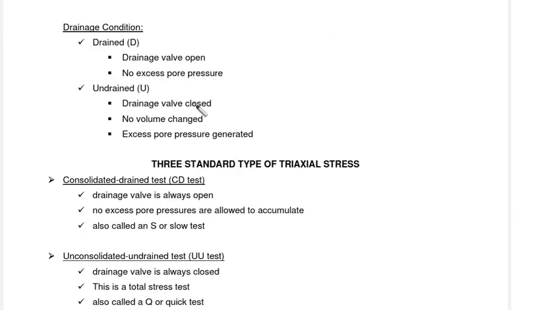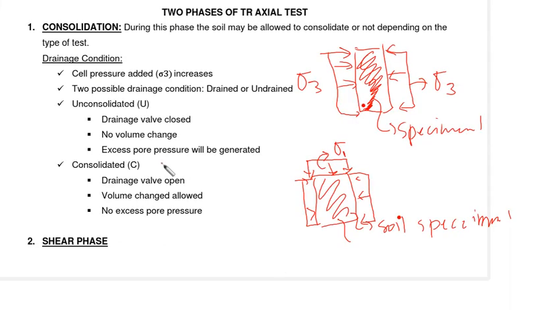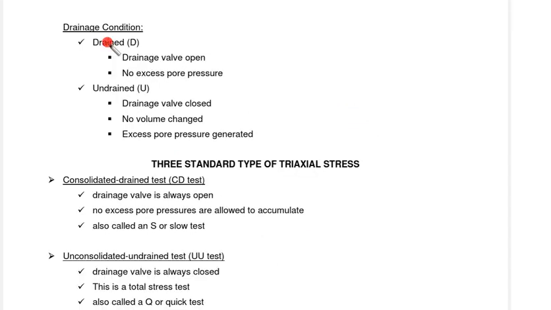If the valve is open in phase 2, our shear phase, we call the phase drained. In the consolidation, if our valve is open, it is called consolidated. Here in the shear phase, if our valve is open, we call it drained, and we use the letter D as the symbol for drained.